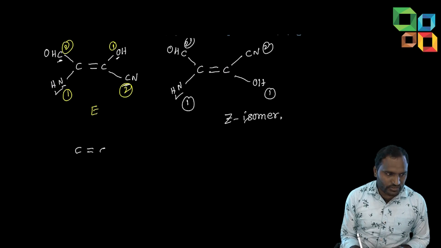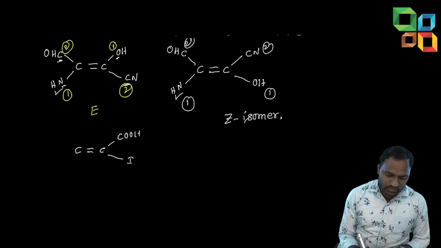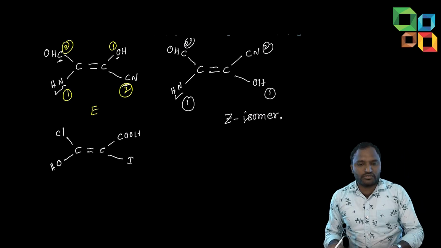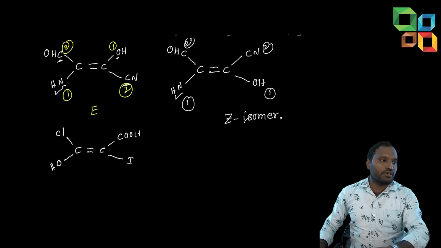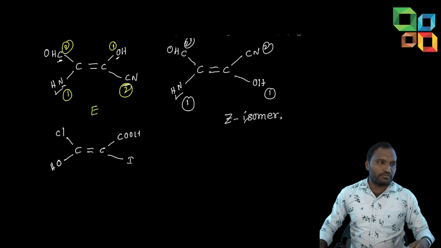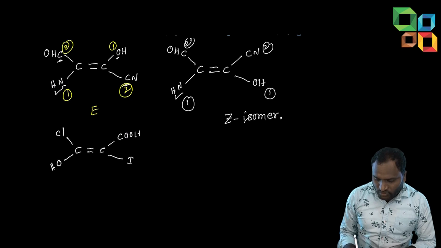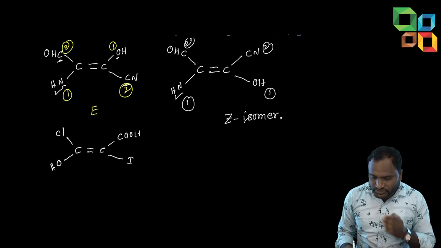C double bond C, COOH, iodine, Cl, OH. Find out, students, whether it is E isomer or Z isomer. See here, out of carbon and iodine, which will get first priority?